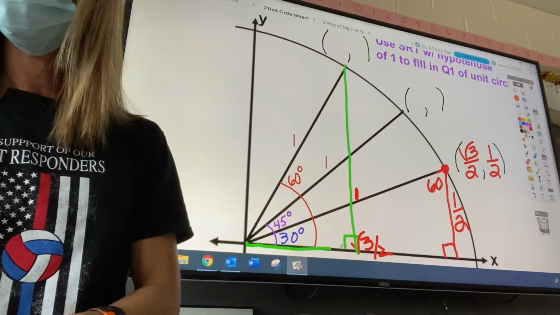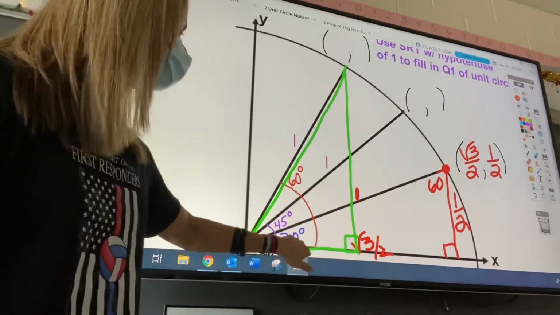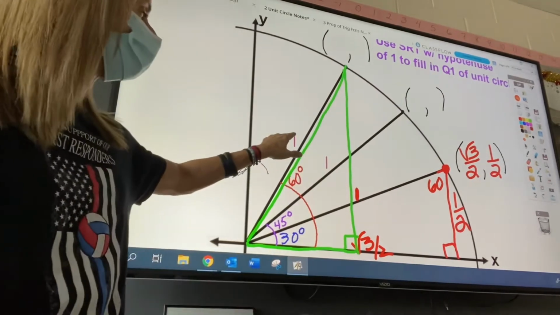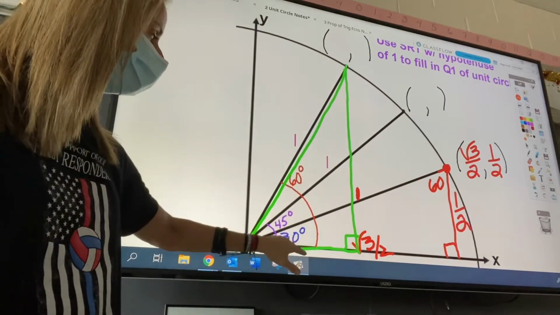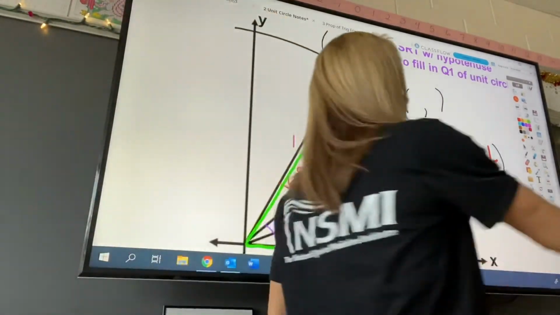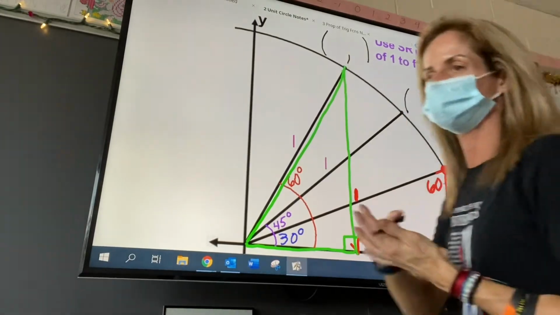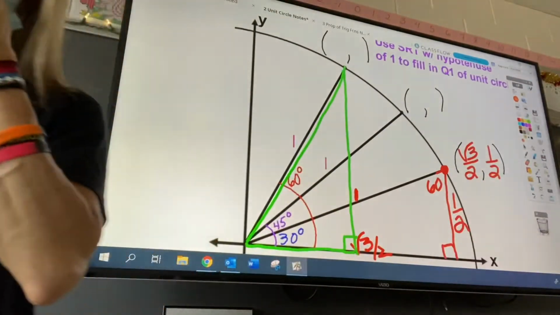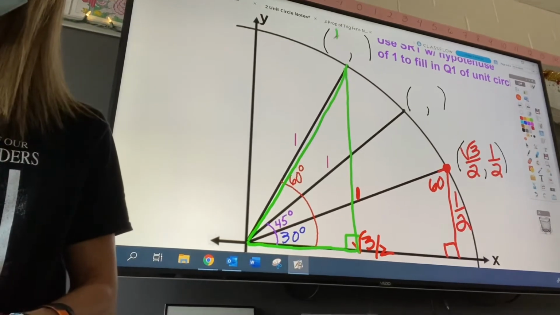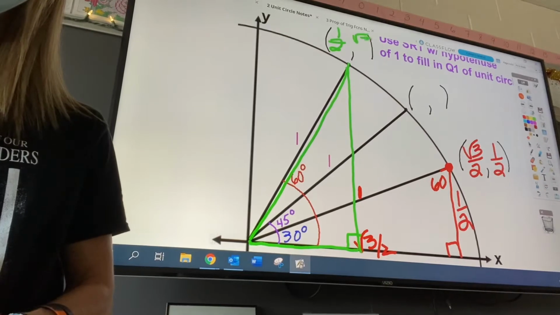It's right here. Yes. Okay, so this is the short side and that's the long side. Using the same hypotenuse of 1, the short side is going to be 1/2, and then the long side will be root 3 over 2. So it's actually flipped from this one here. For this point here, it's the same values, but the x coordinate is 1/2, and the y coordinate is root 3 over 2.